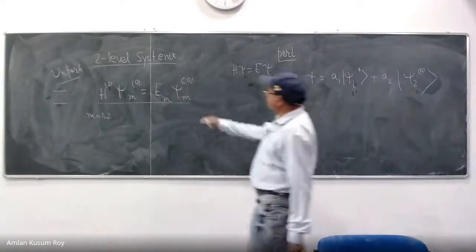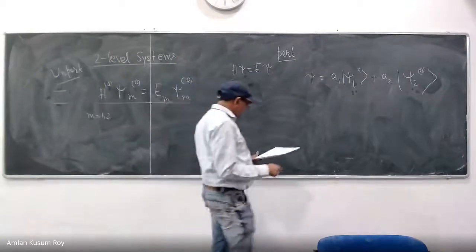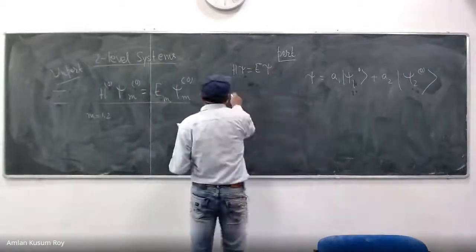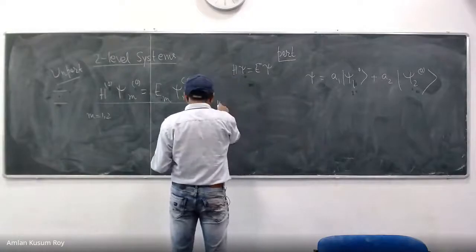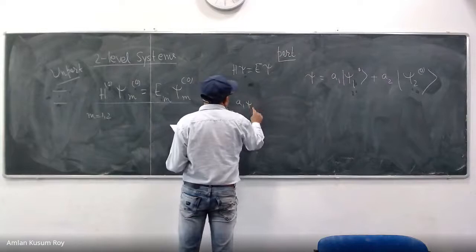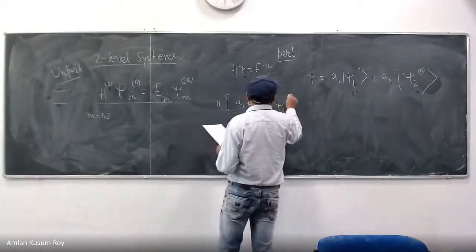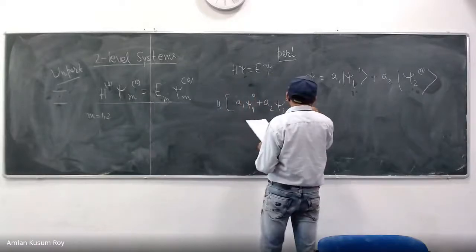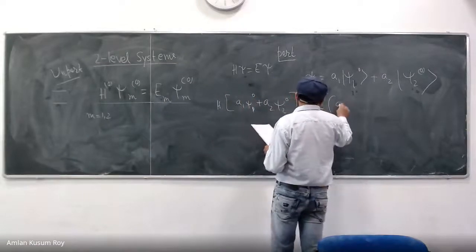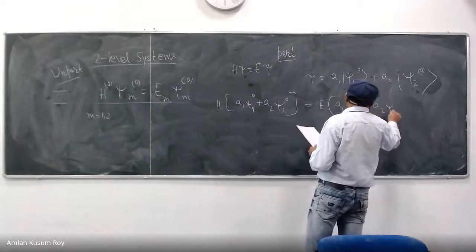Psi 1 0 and psi 2 0 are again the solutions of this equation, which are known to me. Okay? So you write in this equation H (A1 psi 1 0 plus A2 psi 2 0) is equal to E (A1 psi 1 0 plus A2 psi 2 0).